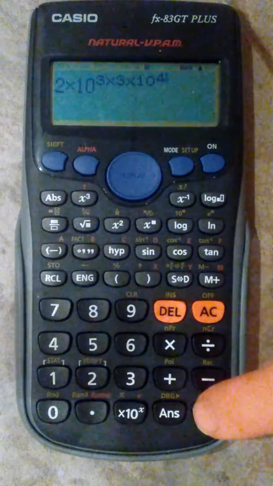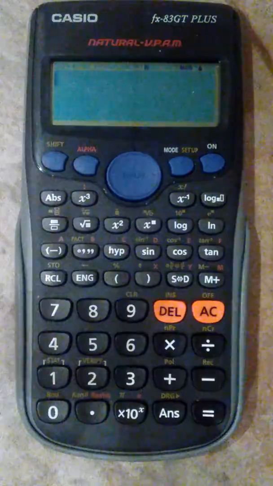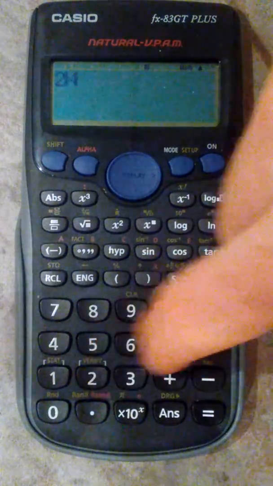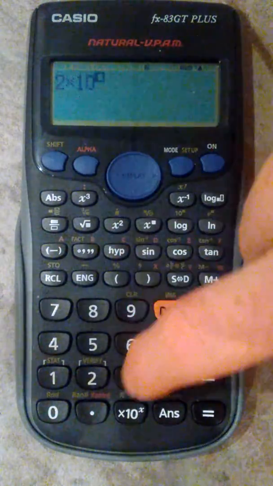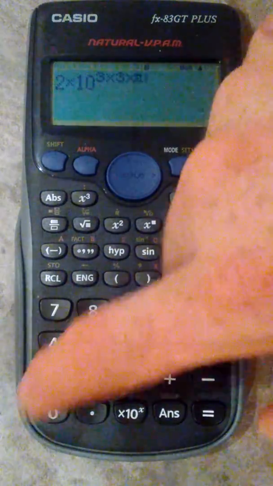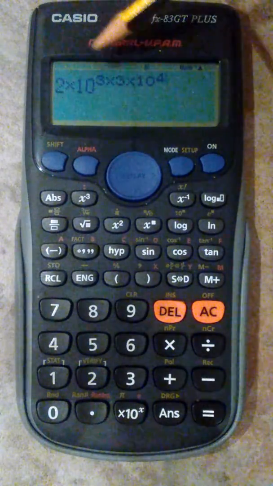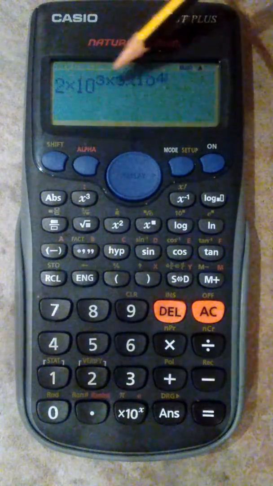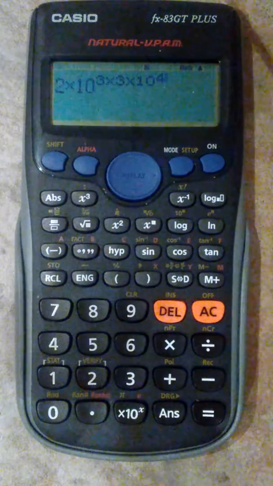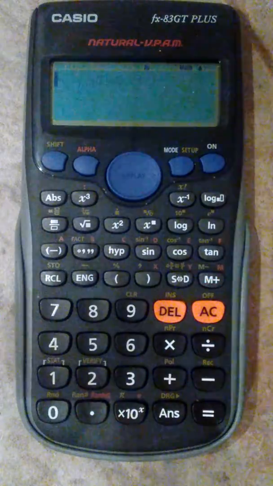Now if I press equals on that, it gives you an error. The reason is that what the calculator is doing, if I put this in again, is that this calculation here is all part of the power of 2 times 10 to the power of whatever it is. Now, you've not actually done the calculation you need.